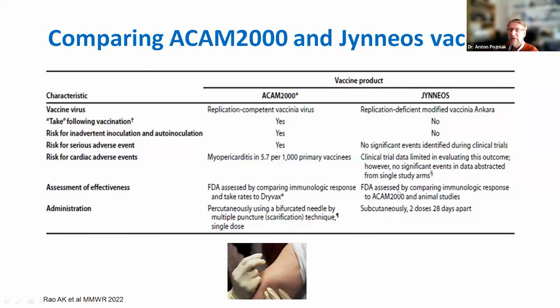So if you compare HIV patients versus non-HIV patients, about half of them don't have a good response after the first dose, but I haven't seen the data by CD4 count yet. So that's interesting. And the recommended administration is subcutaneously, 2 doses 28 days apart.